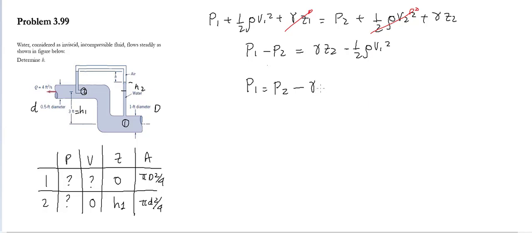So it's gamma of water times the elevation from point 2 to this point, which is H2 plus H. Then we go from this point to the bottom one through air. We go positive because we go down. And this is gamma of air times H. And then we go from that point to point 1. We go down, so it is positive. And we have gamma of water, the elevations of H2 plus H1.